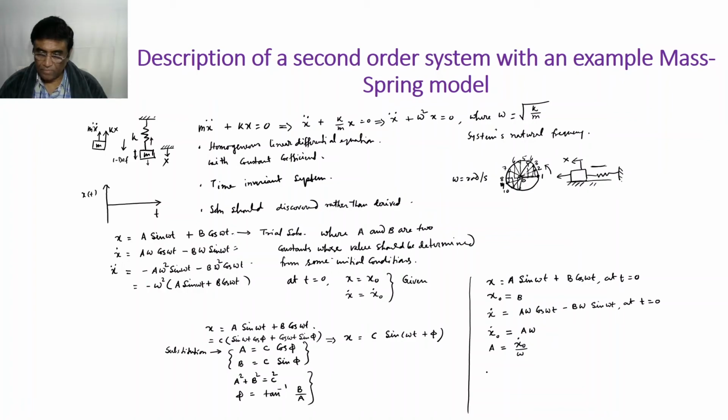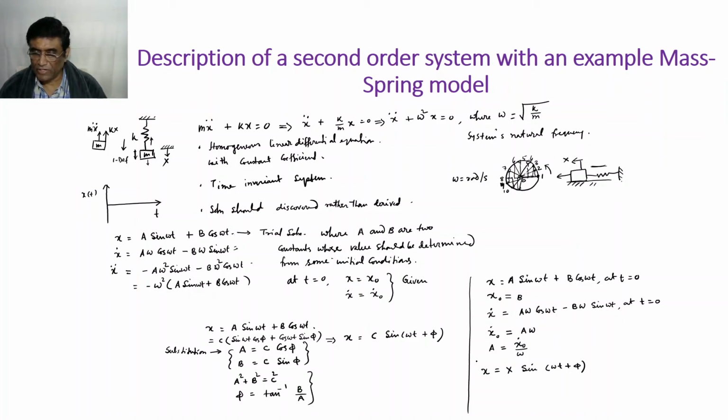So amplitude, so x will be, solution will be x sine omega t plus phi. I am going to show you every detail, right? So instead of C I am writing x, okay?